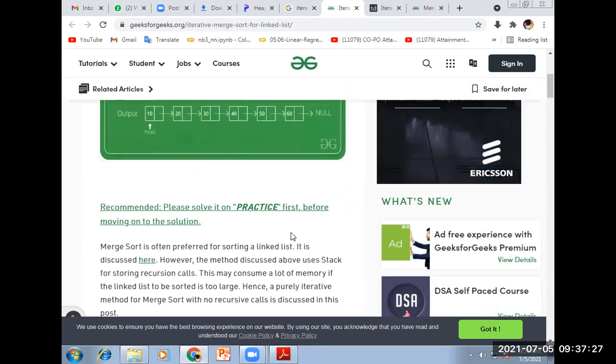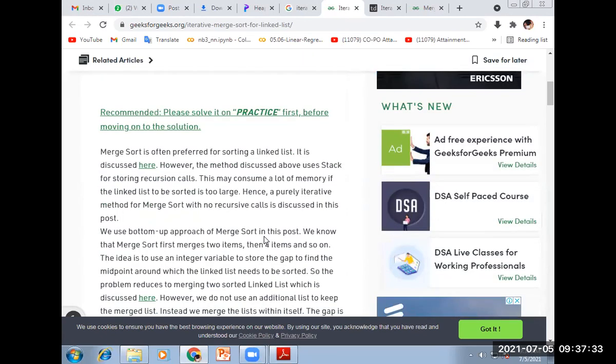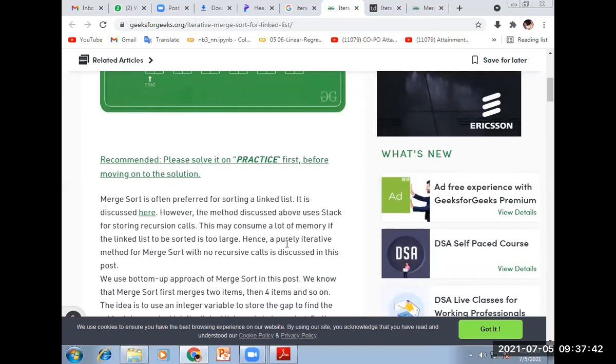Here we are sorting iteratively. Iterative method means we cannot use any recursive calls. A purely iterative method with no recursion call is discussed.